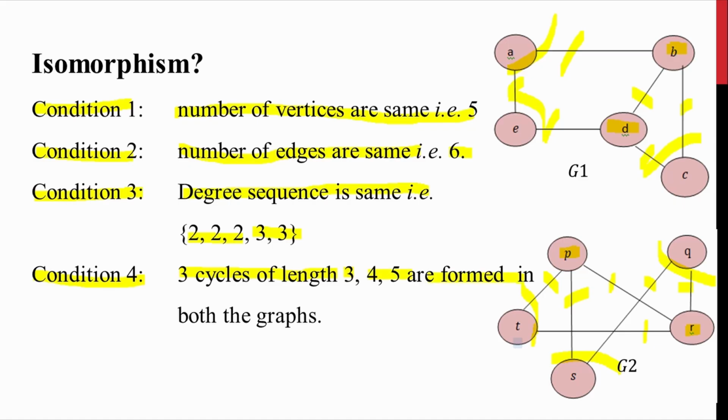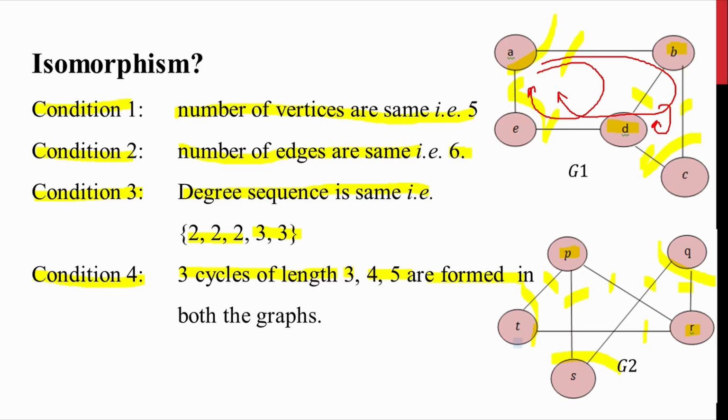So here the first cycle, second cycle and third cycle have lengths 3, 4 and 5.